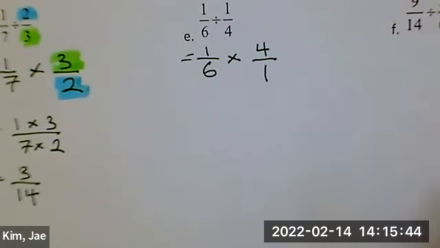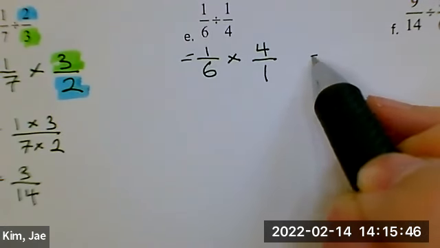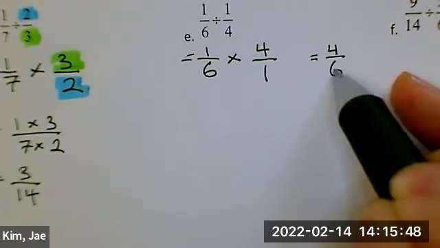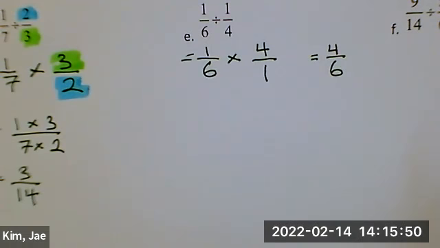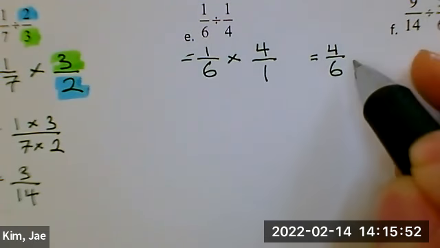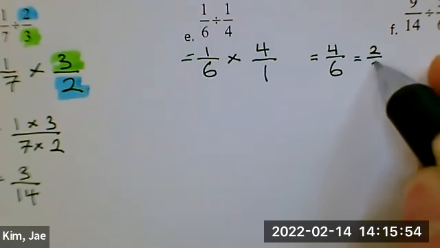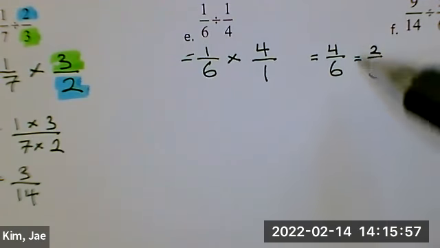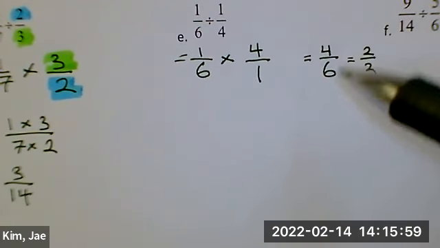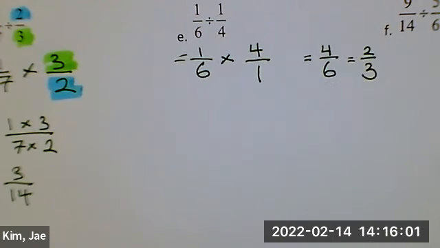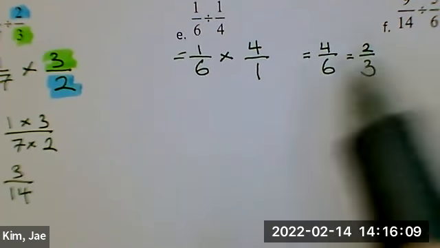And if I just multiply across, this is what? 4/6, 1 times 4, 6 times 1. And we can reduce that as 2/3. But tell me, how did I go from 4/6 to 2/3? What happened to both numerator and denominator? I guess both numerator and denominator were divided by 2.